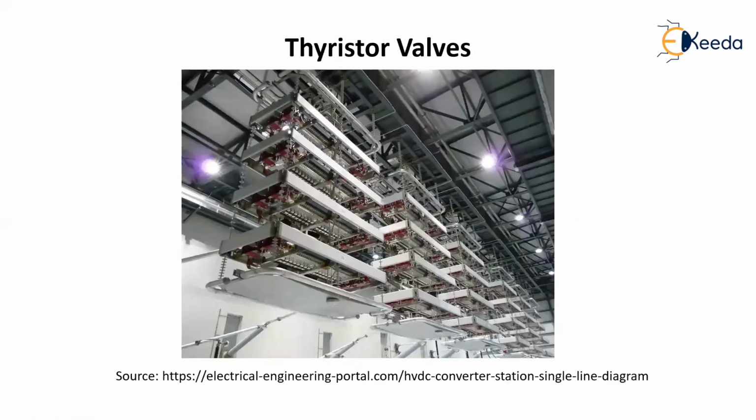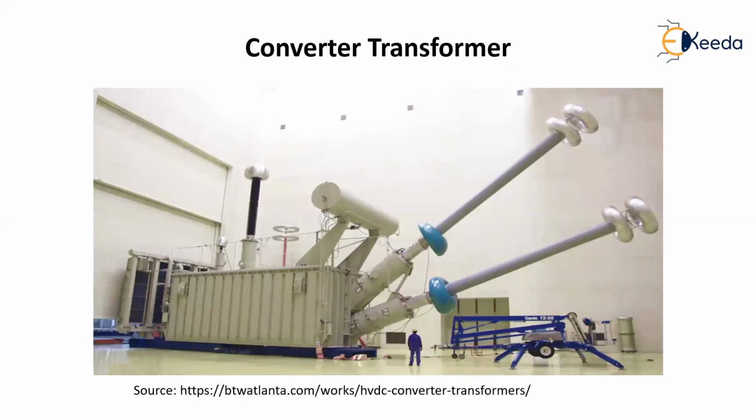So just to have a look at how a converter station will look. These are the thyristor valves, which refer to the converter station, how a typical converter station will look. And this is the converter transformer, which is just for your purpose of knowing how it will work and how it will look. I have just added some photos.